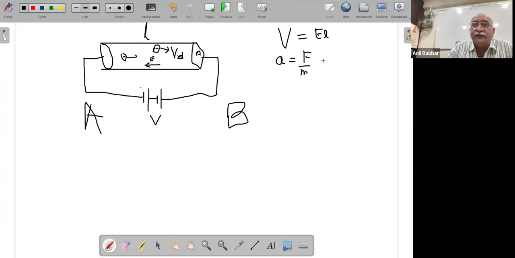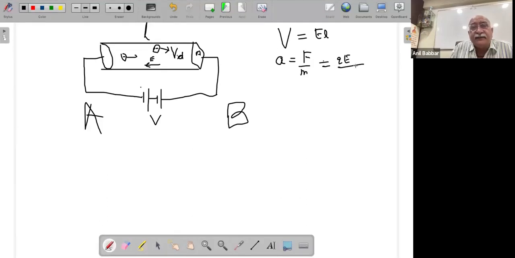And this force is equal to Q times E, where E is the electric field and Q is the charge on each electron.